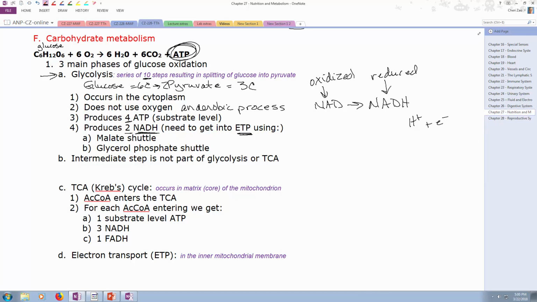One is called the malate shuttle, and the other one is called the glycerol phosphate shuttle, or sometimes glycerol P shuttle, or GP shuttle, because it's easier to just write P for phosphate for the time. One of them gives us more ATP than the other.